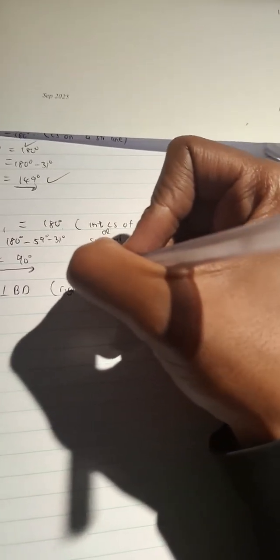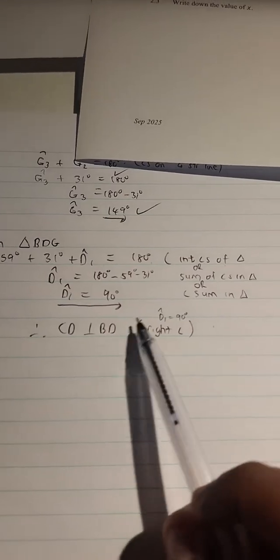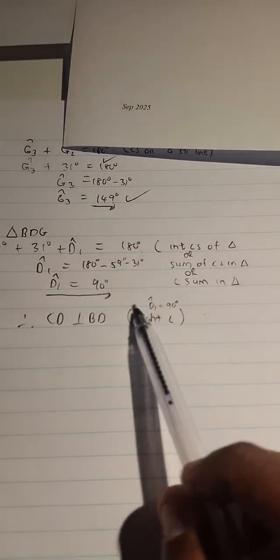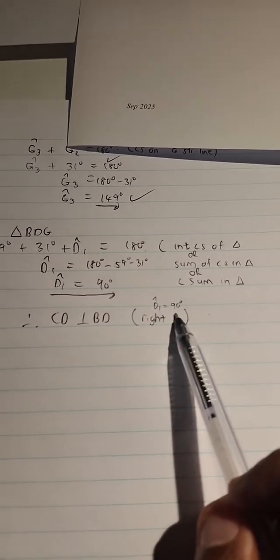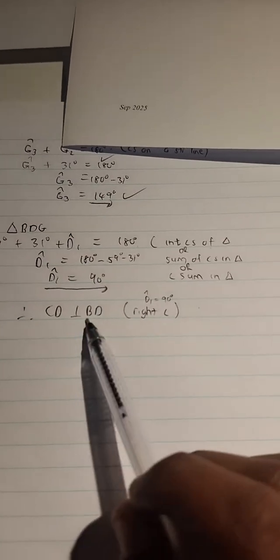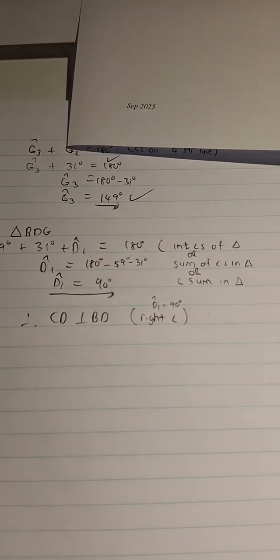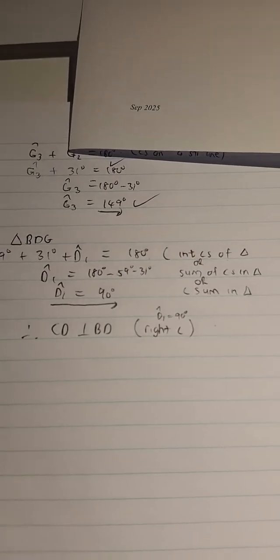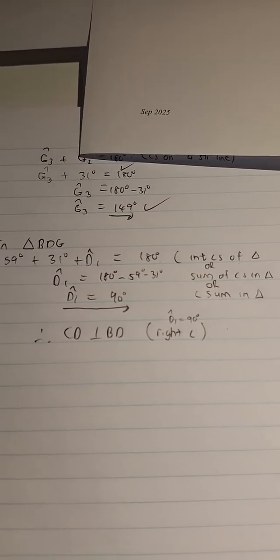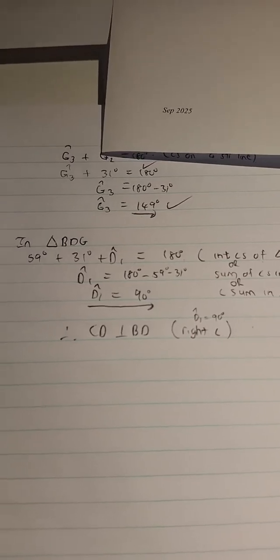Angle D1 is equal to 90 degrees. If you say CD is perpendicular to BD and angle D1 is 90 degrees, that would be 100% correct for your reason. Or you could say the right angle. When we get 90 degrees, it means those two lines are perpendicular, no doubt. So that's what we needed to do to prove that the two lines are perpendicular for 4 marks.